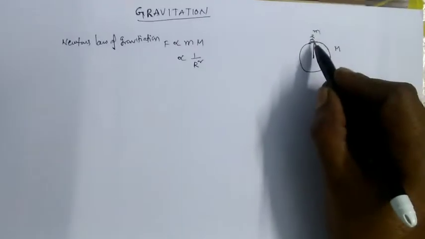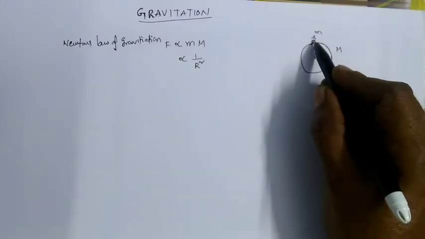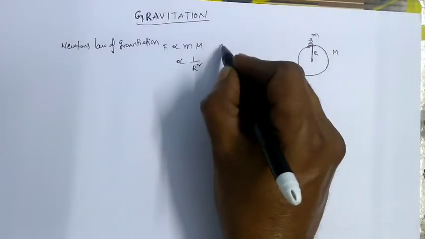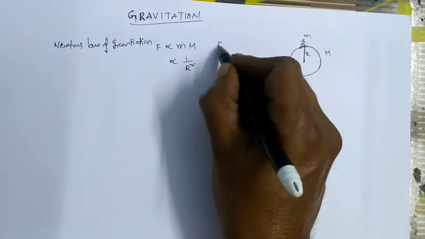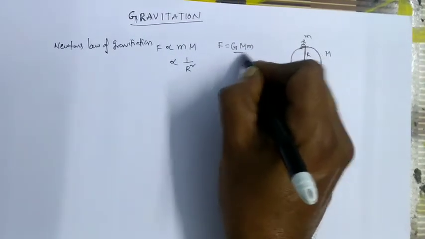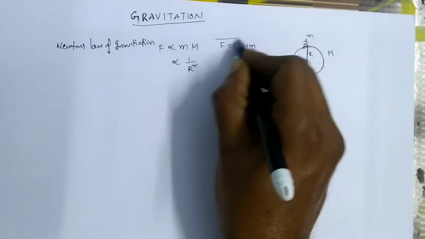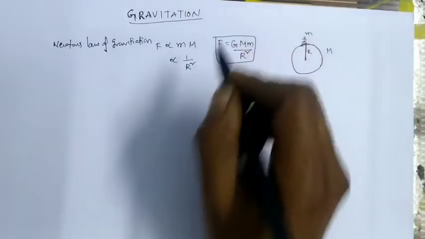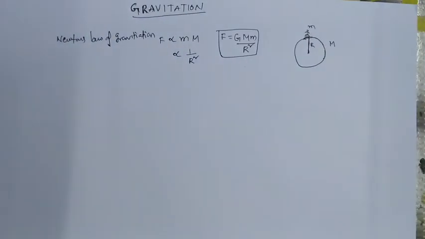We neglect the distance from the surface to the center of the man. Therefore, to remove the proportionality, you get F is equal to G capital M small m by R square. This is the formula for Newton's law of gravitation.